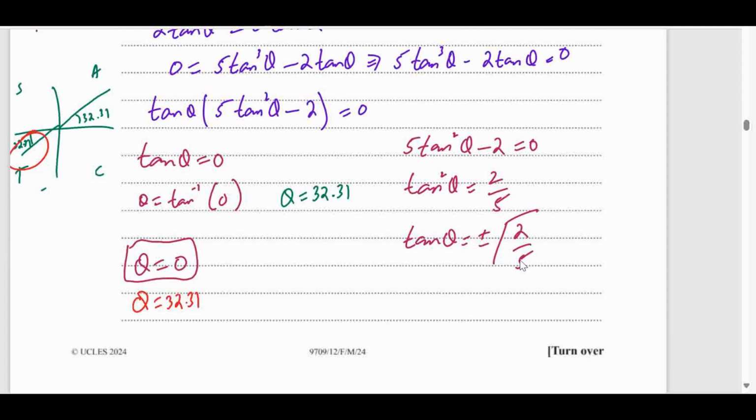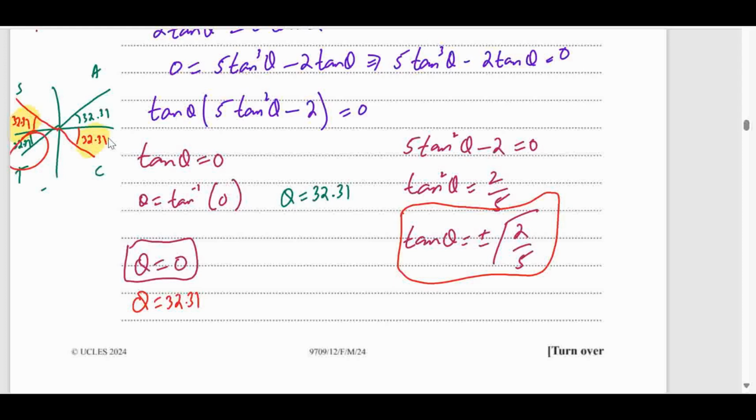Now tan is negative as well. Here we can see that tan is negative as well. So negative means that this will be 32.31. But we will ignore this one because it is out of range.